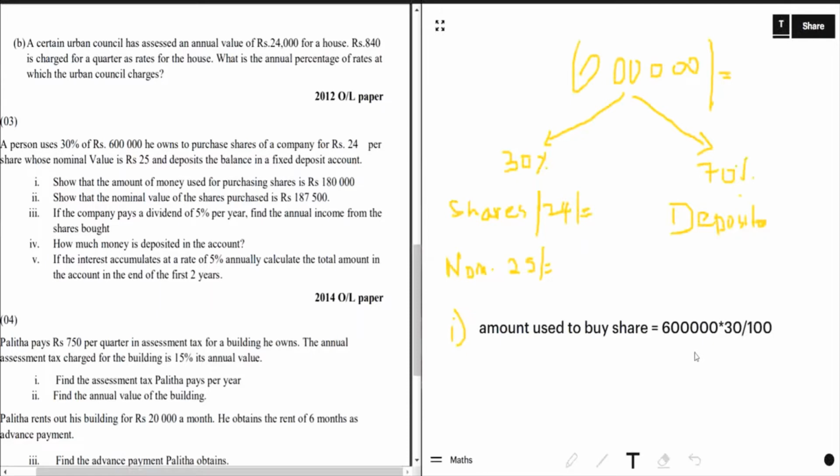This is how we write it, and this will give us a value of 180,000.